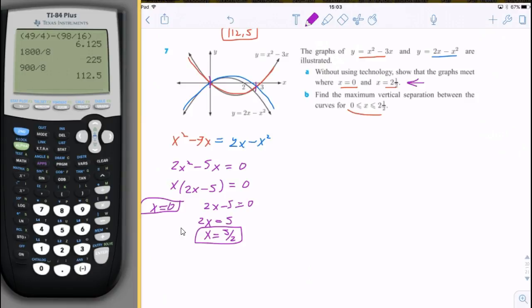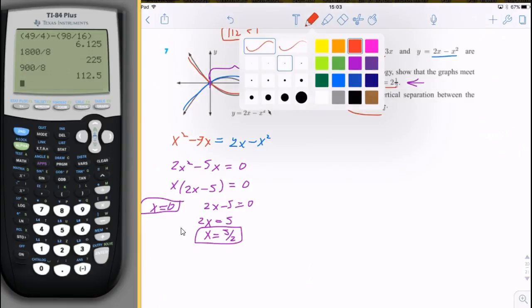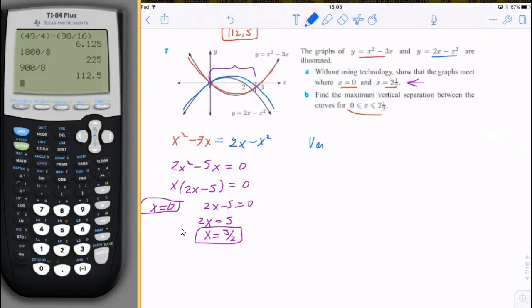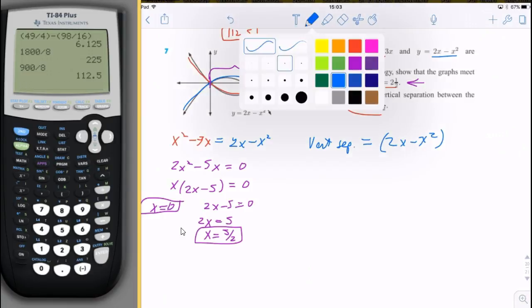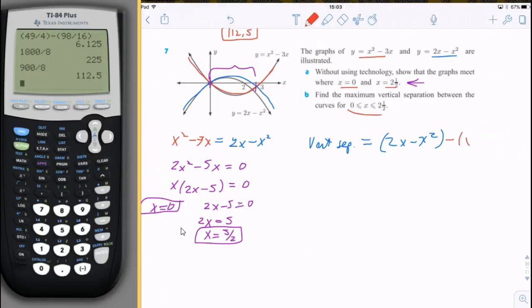Okay, and then it says find the maximum vertical separation between the curves for this region here. So the vertical separation can be written as blue minus red, right? So the vertical separation is equal to blue, which is 2x minus x squared, minus red, which is x squared minus 3x.